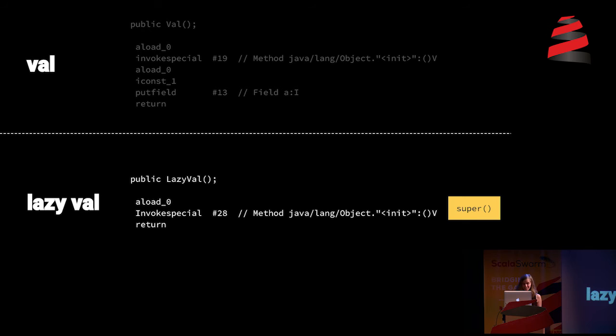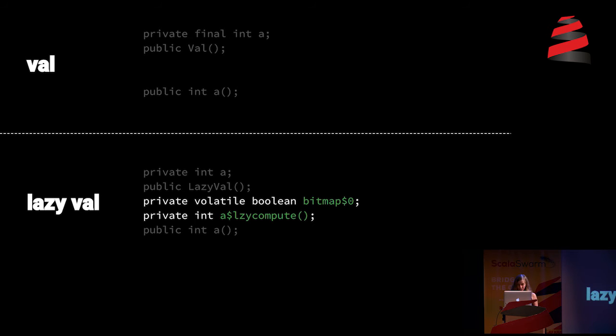So it really doesn't do much. And now we can see something interesting. We have here a volatile Boolean bitmap$0, and we also have a private method a$lazycompute, which I never declared, obviously. And let's see what it is all about.